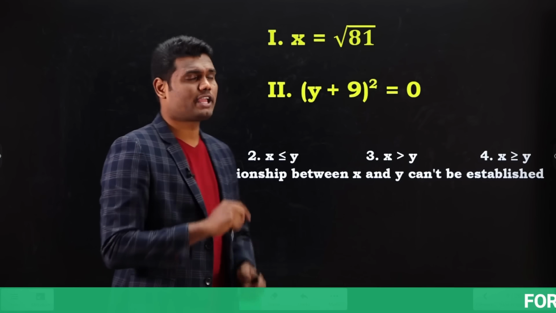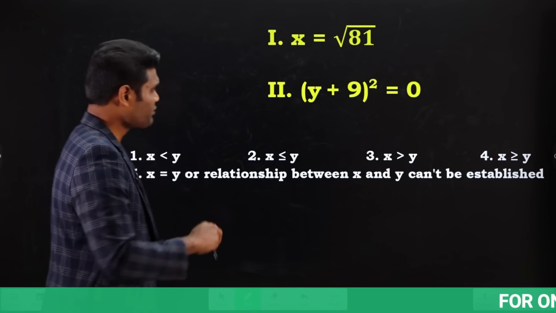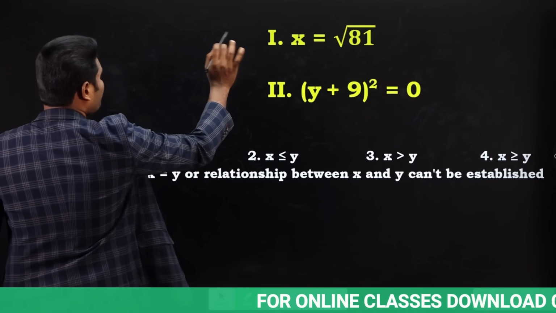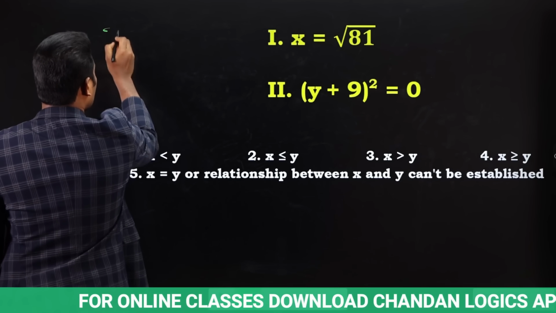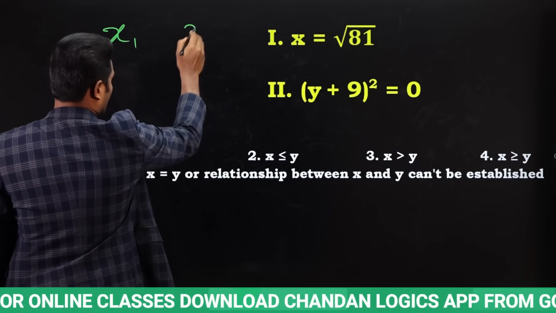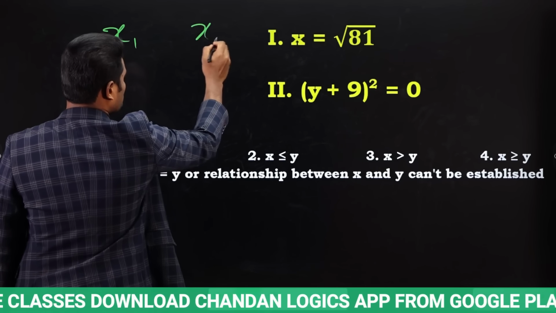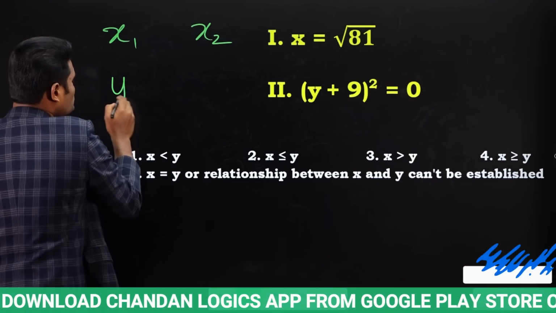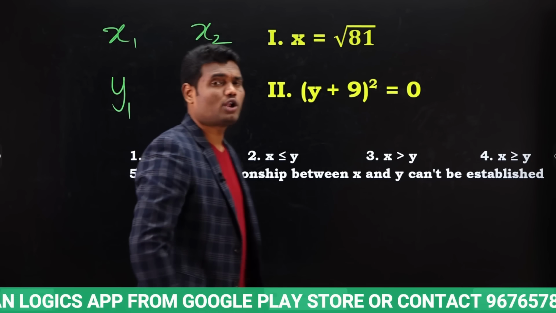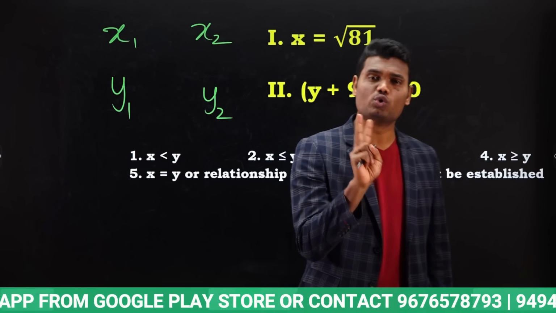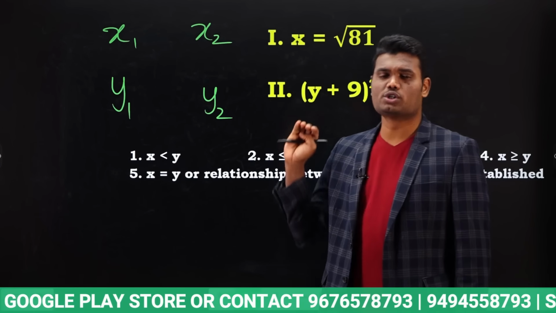Okay. Now observe carefully. Before starting questions, I need to tell you a few important points. Whenever we solve a quadratic equation, we will have two values of x. Let us say the two values are x1, x2, and the two values of y are y1, y2. So whenever you solve a quadratic equation, you will get two roots for x and two roots for y.